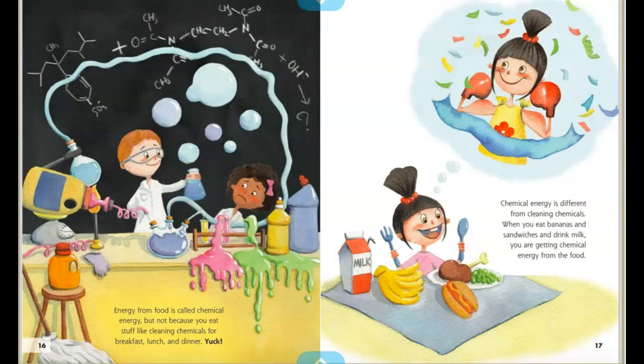Energy from food is called chemical energy, but not because you eat stuff like cleaning chemicals for breakfast, lunch, and dinner. Yuck! Chemical energy is different from cleaning chemicals. When you eat bananas and sandwiches and drink milk, you are getting chemical energy from the food.